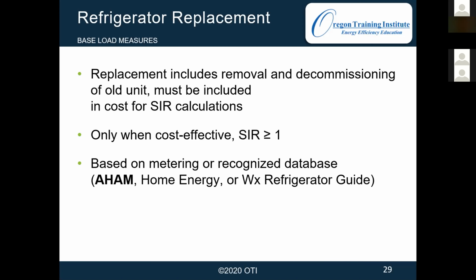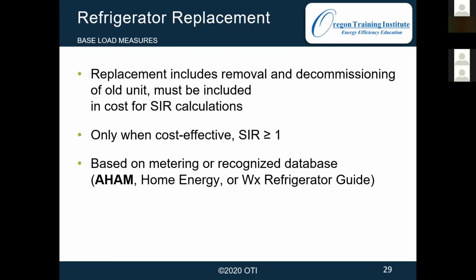For exam purposes, the only database they have for the exam is AHAM, which is American Home Appliance Manufacturers. I know a lot of people like to use Kubella better, and that's fine. But for the exam, they're not going to be mentioning that database, only the AHAM, American Home Appliance Manufacturers.